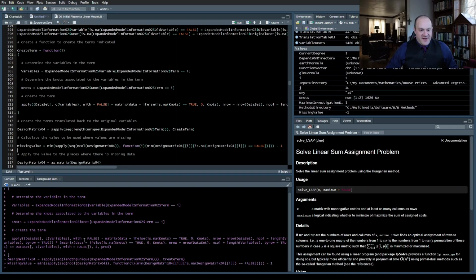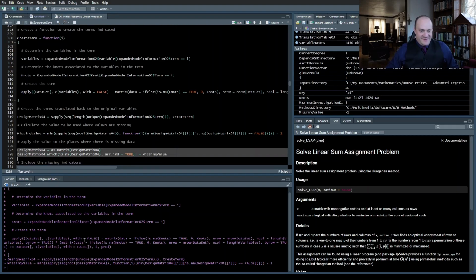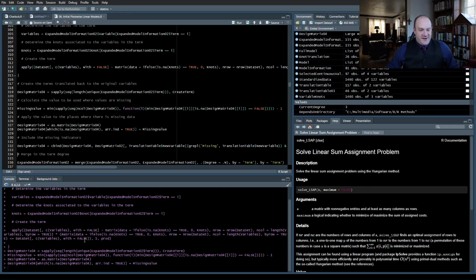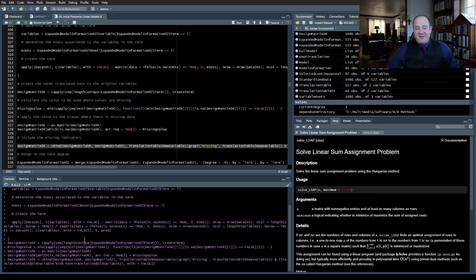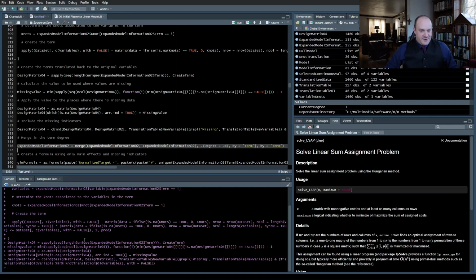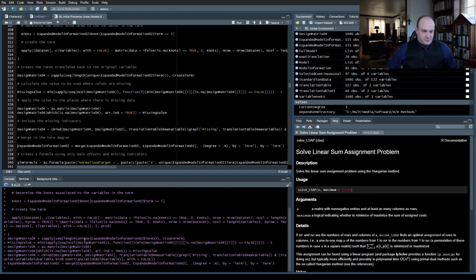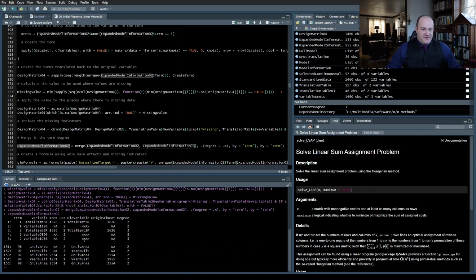We just figure out what value we should use for our missing value placement and apply it. Nothing crazy there. And we include our missing indicators because we have to account for the cases where continuous variables are missing. Okay.